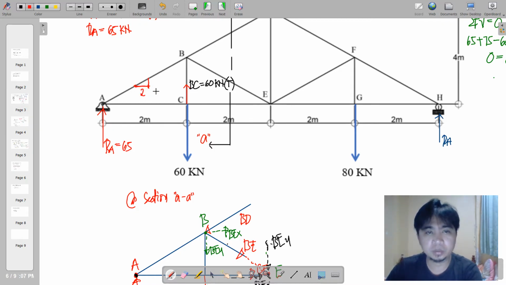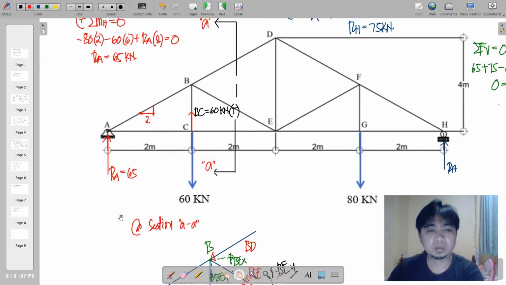Obviously this is 2, and we need to determine this y slope here. If we take the half truss, we look into the dimensions.